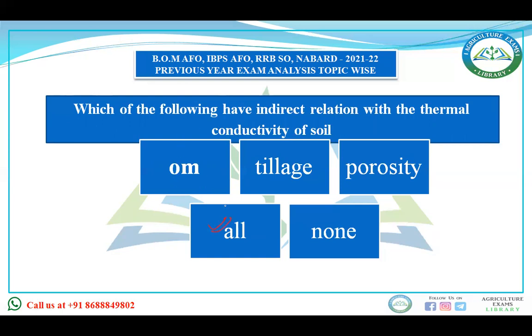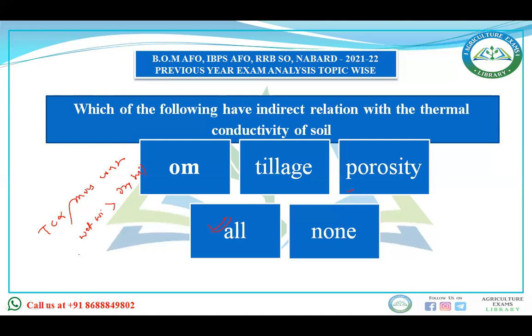Thermal conductivity increases when you are increasing the moisture content of the soil. Suppose you see, wet soil has higher thermal conductivity than dry soil. Now, when you talk about porosity, it has an indirect relation with thermal conductivity.